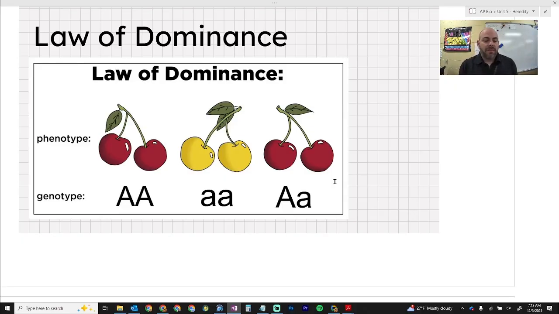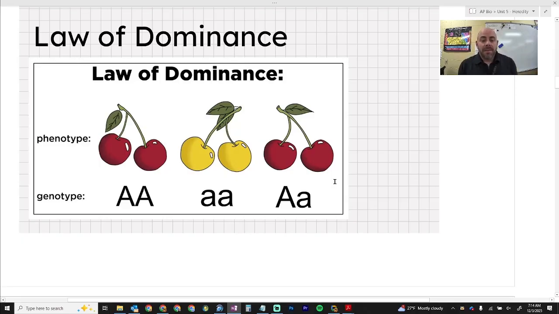And on the left, you see two dominant alleles. One cherry tree donated a dominant allele. The other cherry tree donated a dominant allele. And so they're the same. So we use the prefix homo for same, and same zygote. Meaning that the zygote that came together, fertilization, haploid gamete, diploid zygote, is homozygous, is what we say.